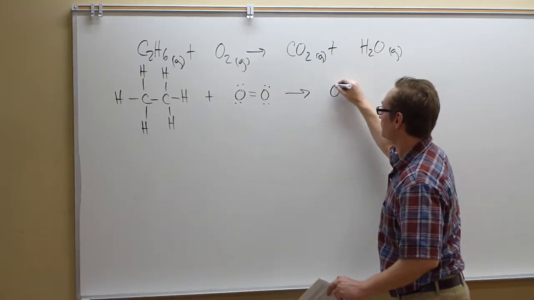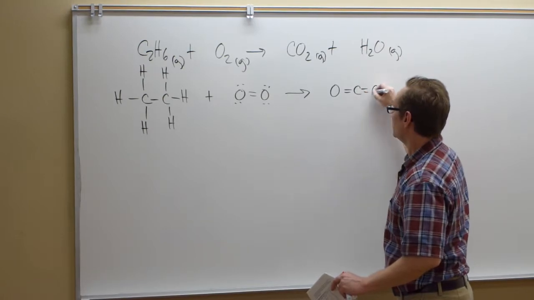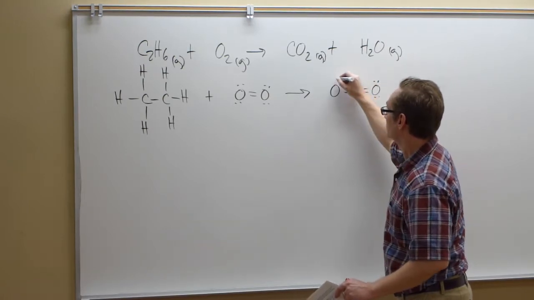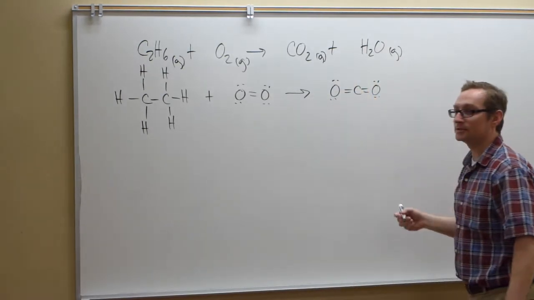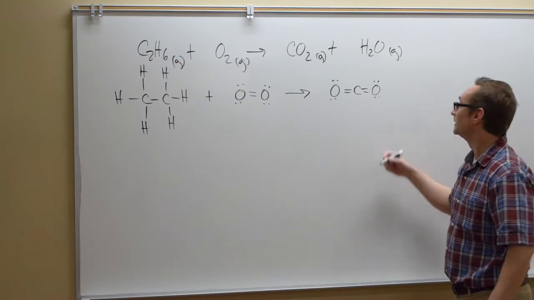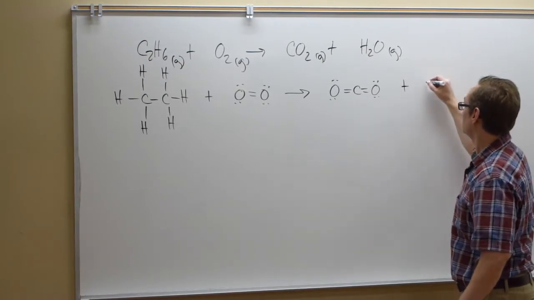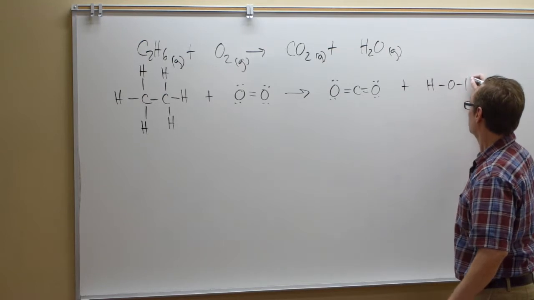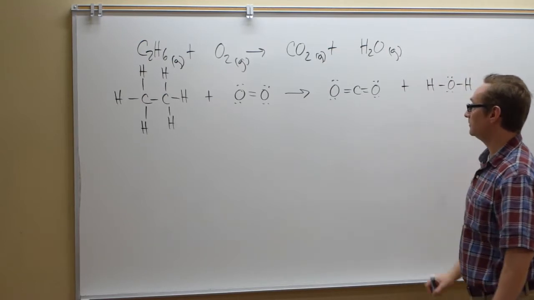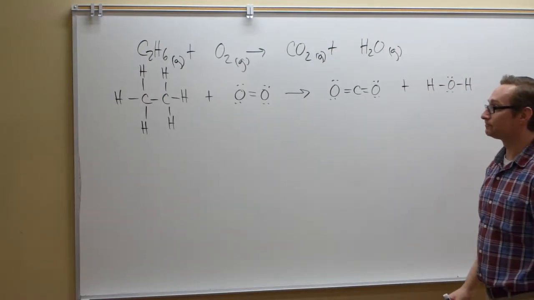CO2 had 2 double bonds in it. So you can see how you kind of need to do Lewis structures just to get here, right? And then for water, that's the Lewis structure for water.